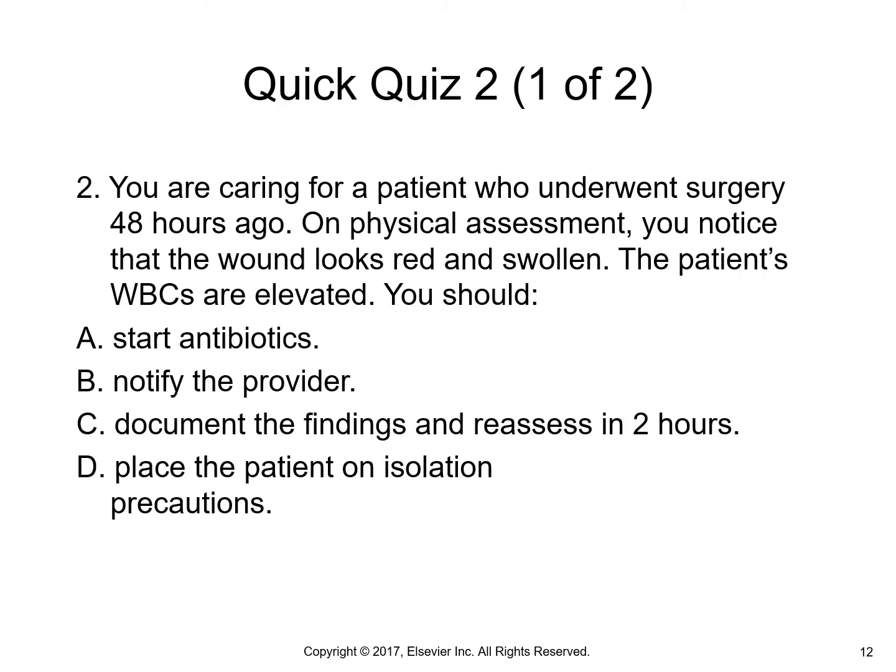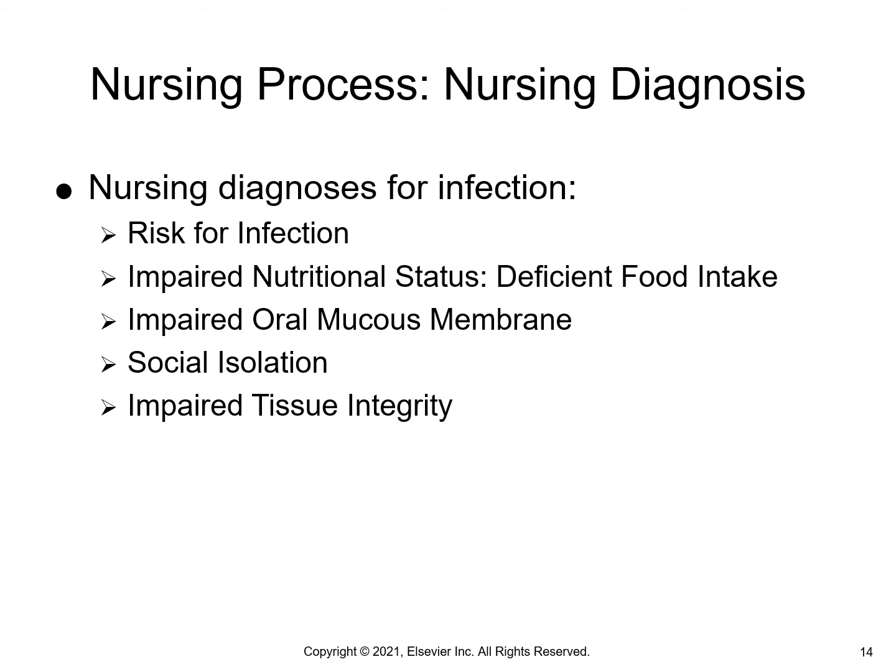So moving on to the nursing diagnosis, like a good evaluator, we're looking at the data that we have. We're looking at the cues, and we're putting the cues together to formulate, okay, what problem do I have in hand?